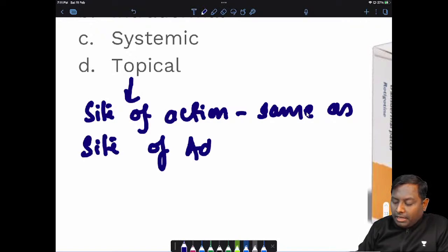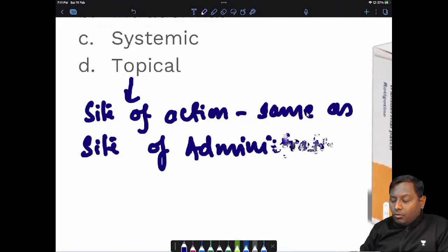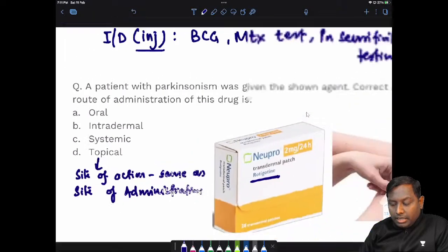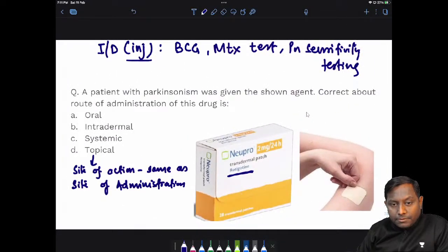Now अब मुझे सोच के बताइएगा, this is a case of Parkinson disease where you are going to use a drug by transdermal patch. लिखा भी हुआ transdermal patch.